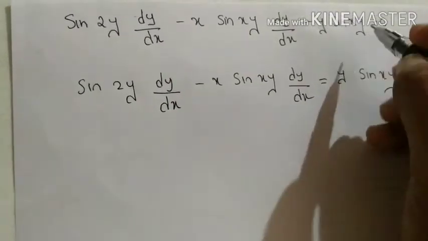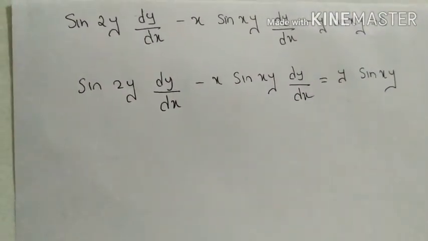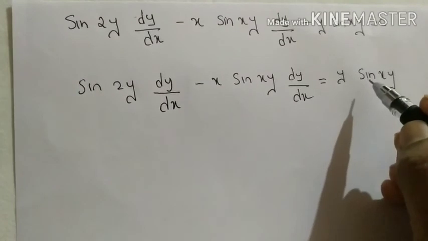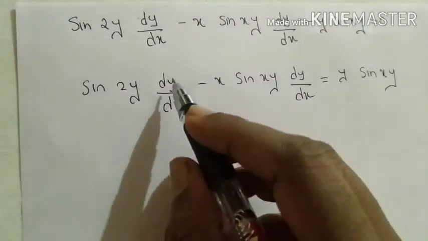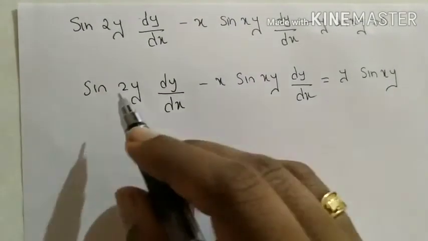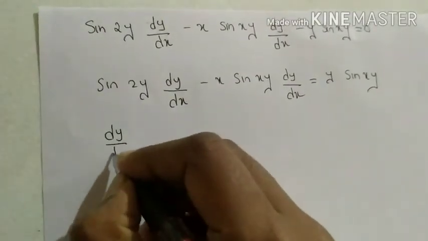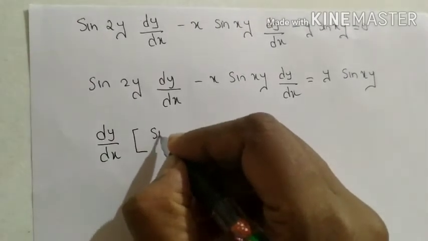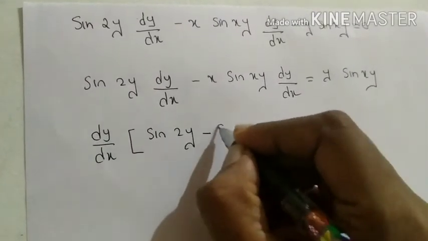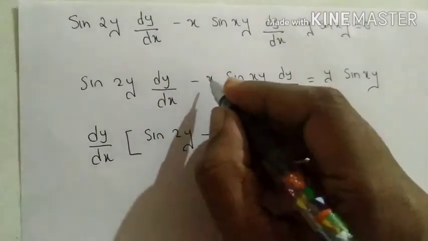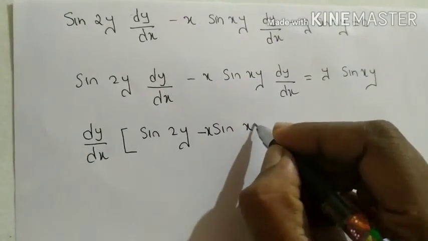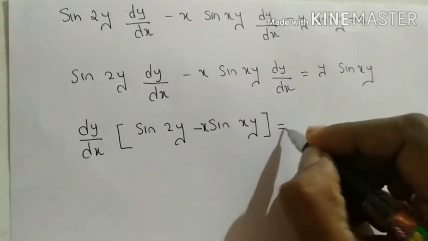This negative term will change to a positive term here, and dy by dx is common in both these two terms, and taking dy by dx outside we get sin 2y minus x into sin xy equal to y sin xy.